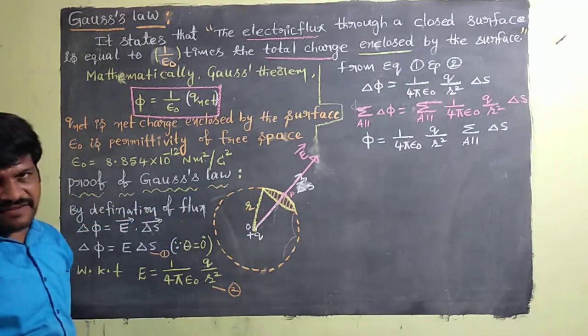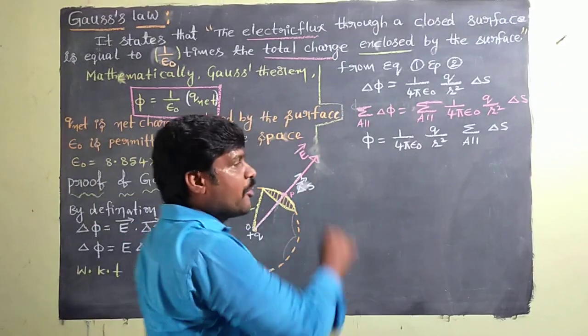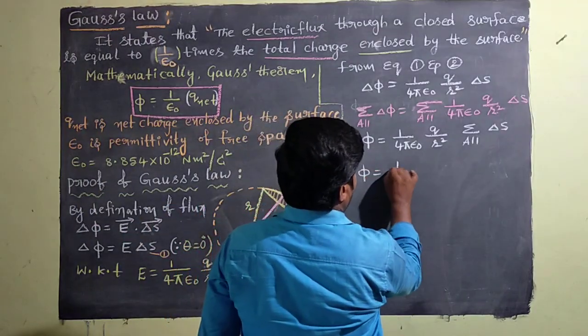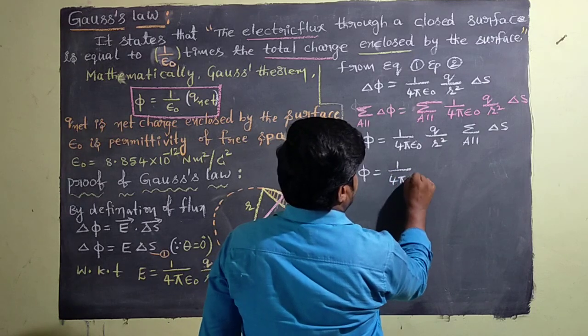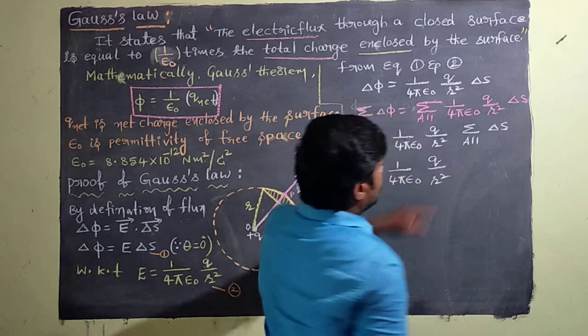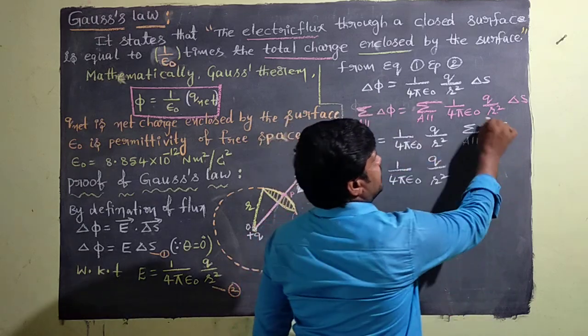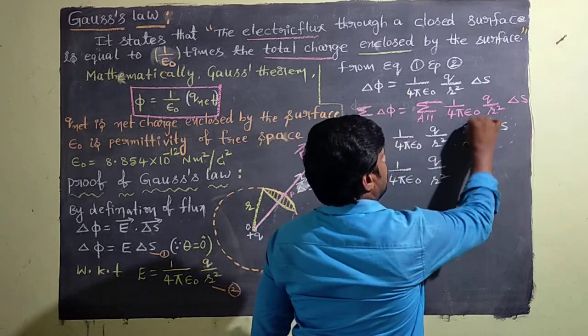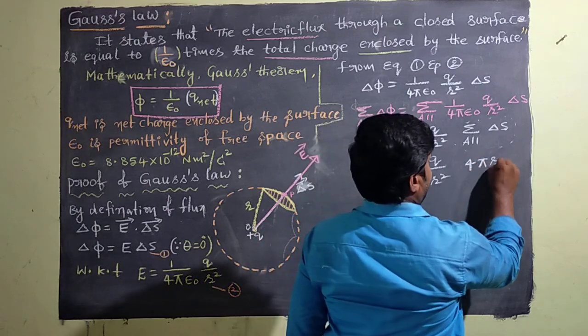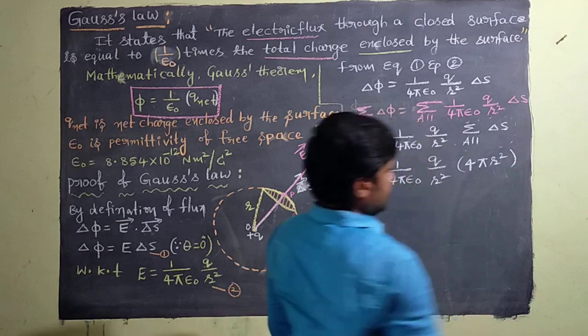What is the total area of the sphere? It is 4 pi r square.